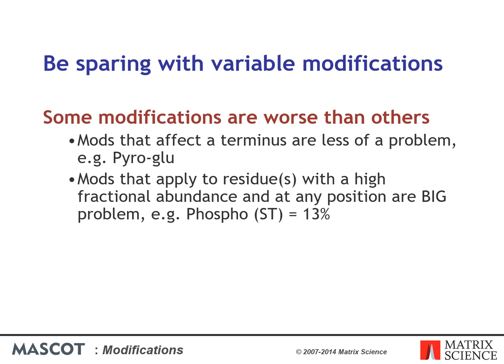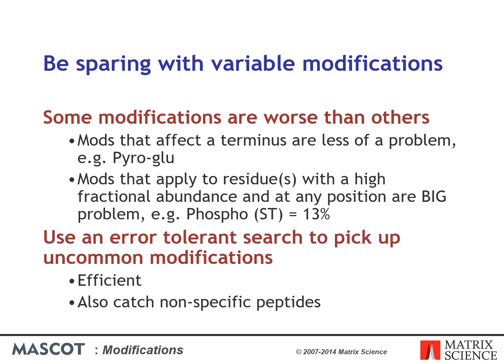Some variable modifications are worse than others. Modifications that only apply to a terminus, especially if they only apply when a particular residue is at the terminus, like pyroglu, make little difference to the number of peptides to be tested. The problem modifications are the ones that apply to residues in any position, especially if they apply to multiple residues, like phosphorylation.